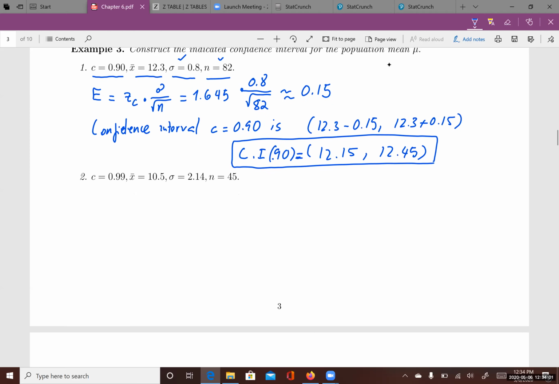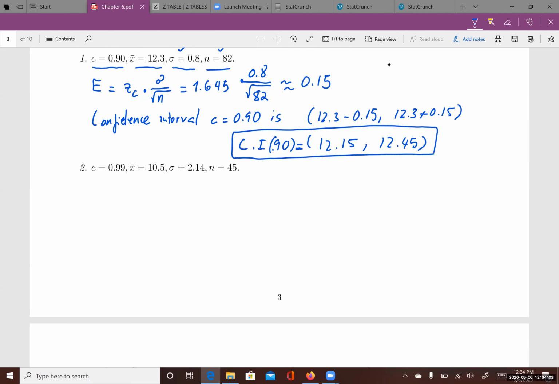All right, the second one: C is 0.99, with x bar, sigma, and n given. It seems like all the conditions are satisfied, so we can go ahead and use this formula to find E. C is 0.99, so we need to find the critical value that corresponds to 0.99.